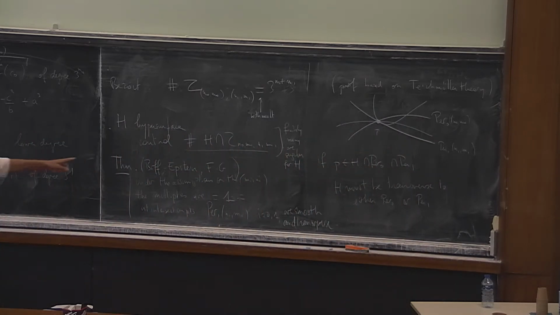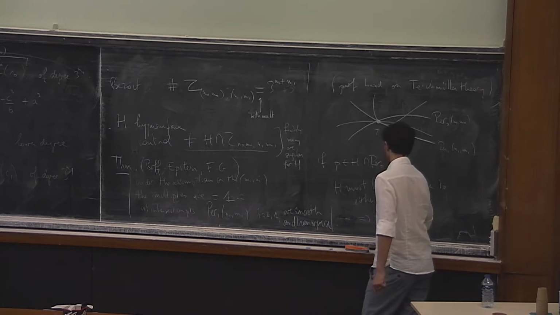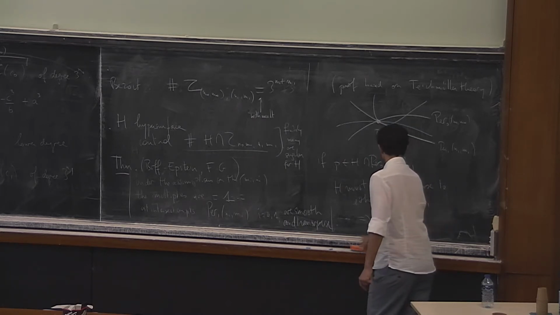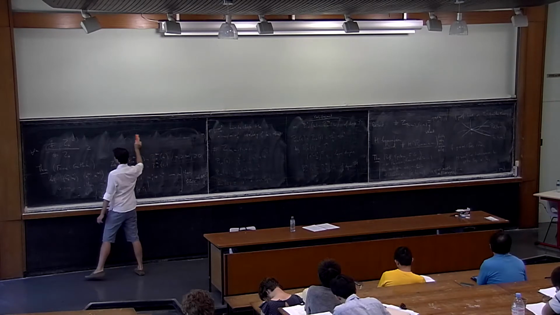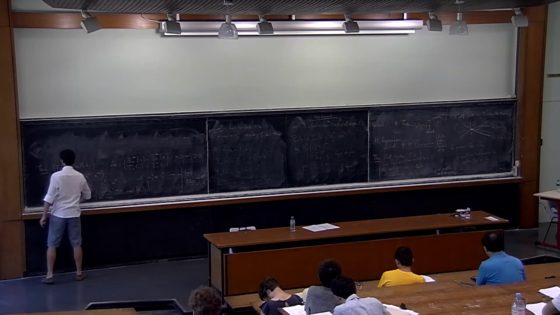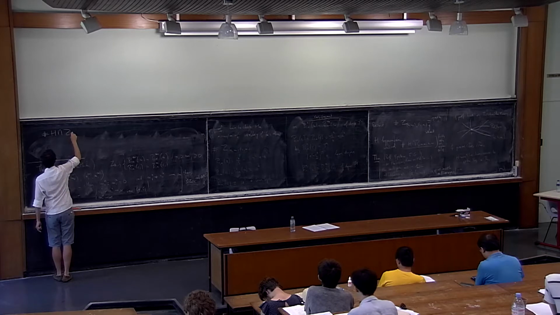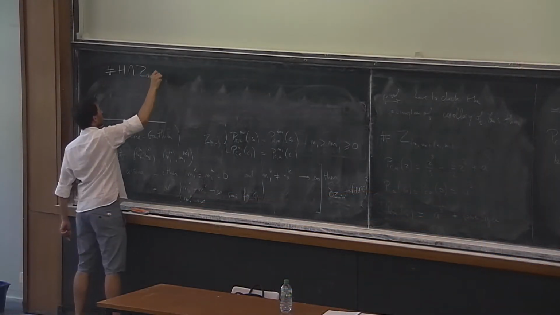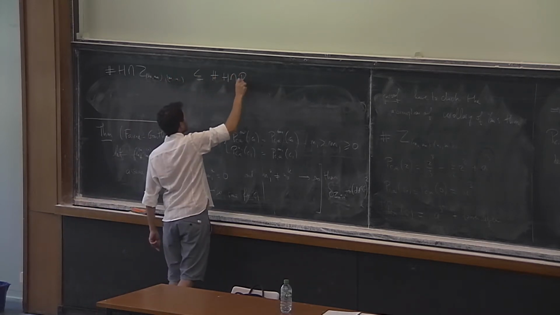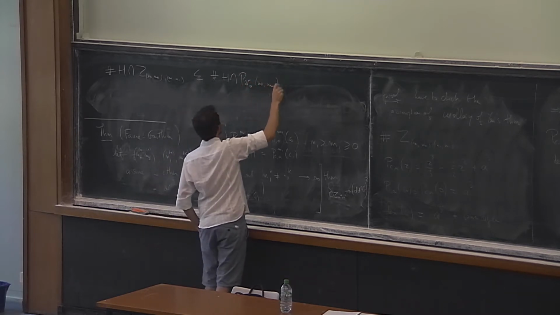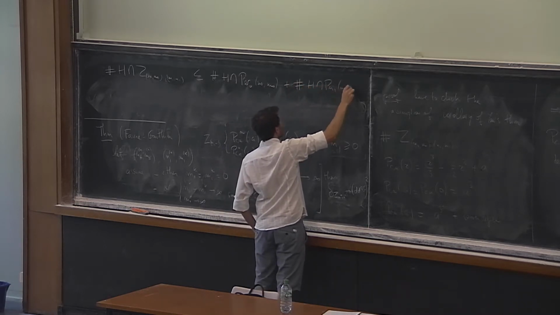Okay, so when you want to bound the cardinality of this set, this implies that the cardinality of the set H intersected with Z(N0, M0, N1, M1) is bounded by the cardinality of H intersected with pair 0 of N0, M0, plus the cardinality of H intersected with pair 1 of N1, M1.